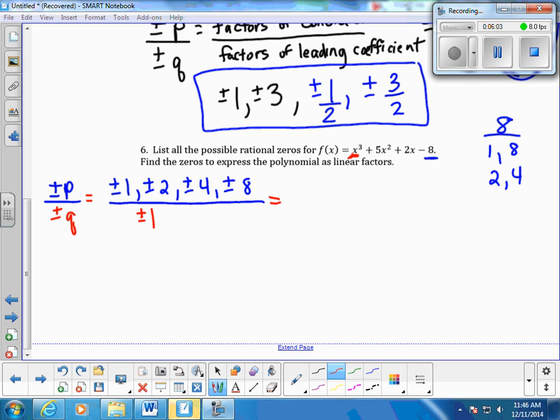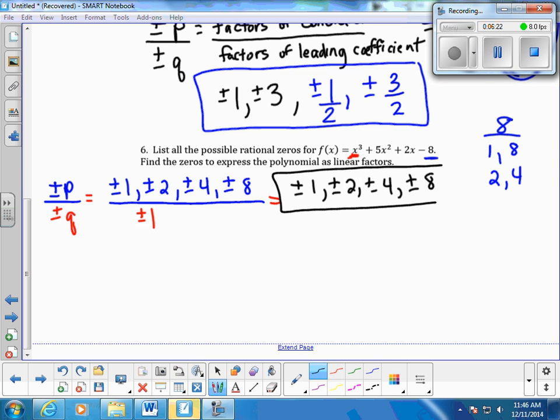Now when we simplify this, we're basically going to divide each one by 1, but in the end we know anytime you divide by 1 you get itself. So all of our possible zeros are going to be these. That means those are all the things in the red regions.